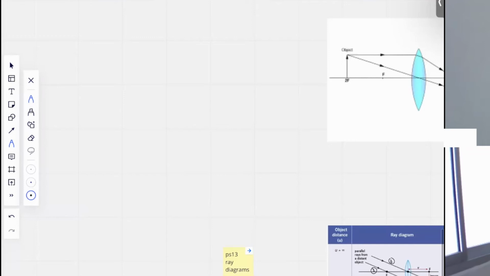Wait, where's the graph paper? This one. Okay.